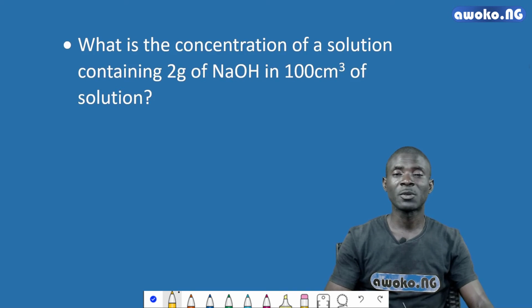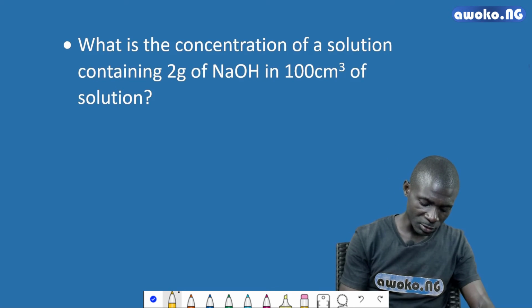If you are asked to calculate the concentration of a solution, either mass concentration or molar concentration, this is the form that the question will be given to you. So with these examples, I believe if you come across any question involving concentration of solution, you should be able to tackle it with ease.